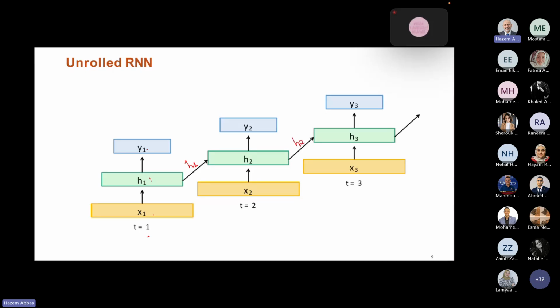It is the same network, but unrolled or unfolded in time. So don't think that we have three different networks. This is our time axis, showing the network at different time steps. Initially, h naught coming to h1 is always 0.